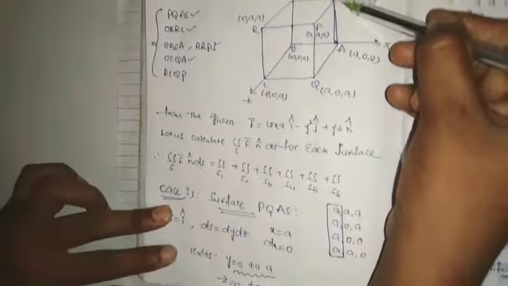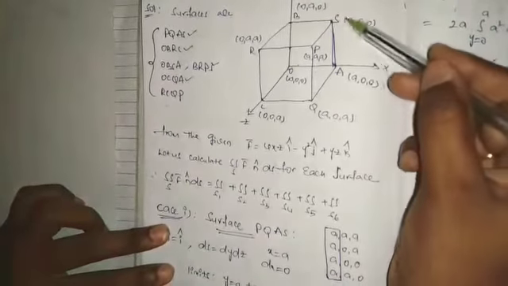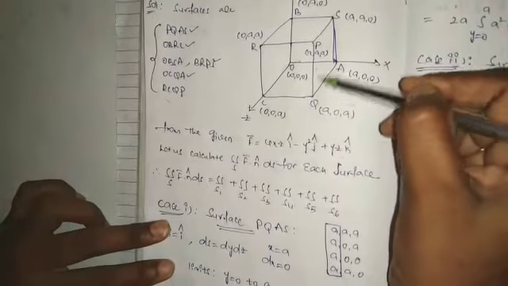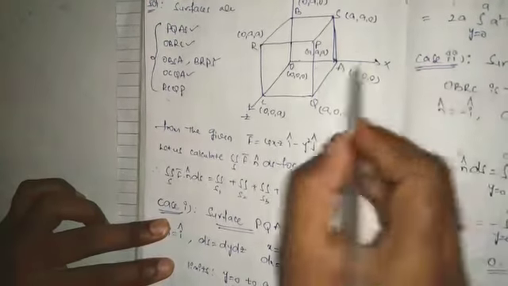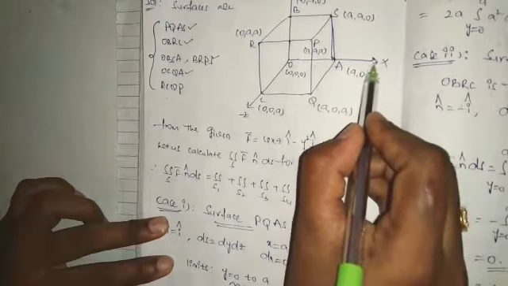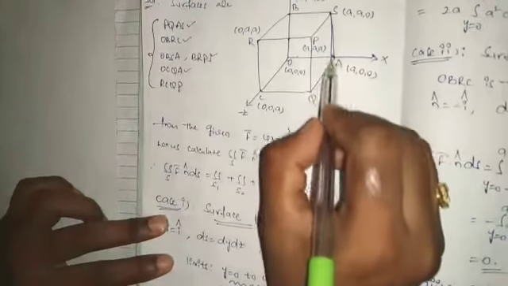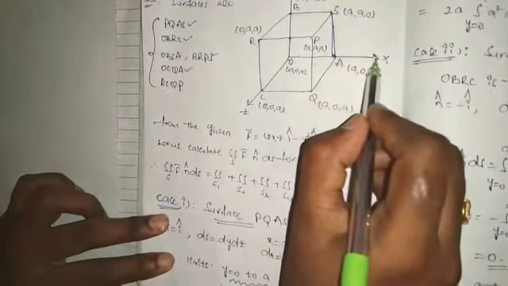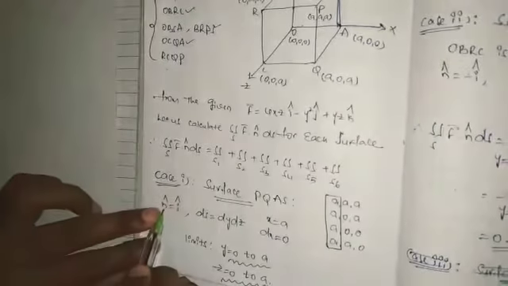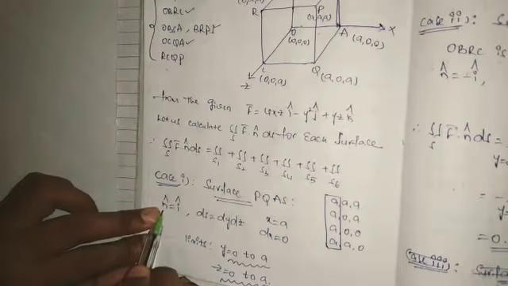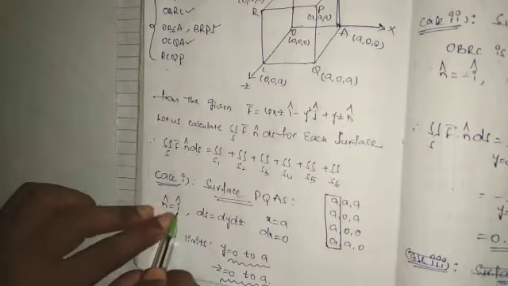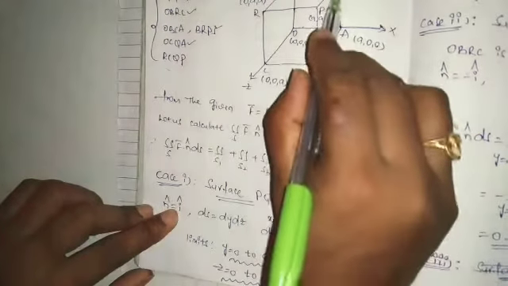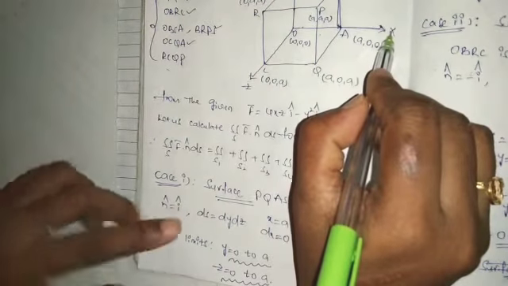This is the first surface. This surface is perpendicular to the x-axis completely. We take the unit normal vector n cap equals i cap, corresponding to x.